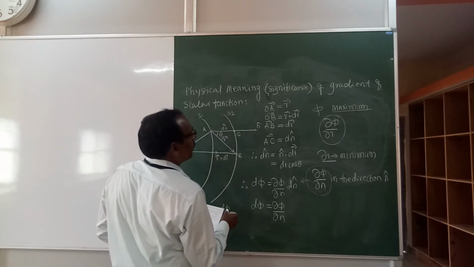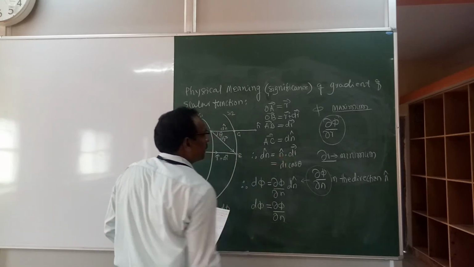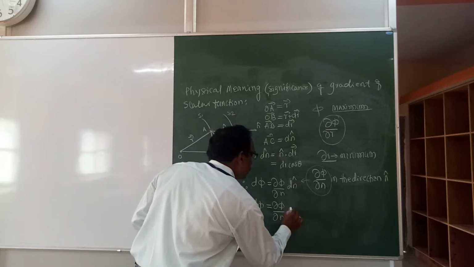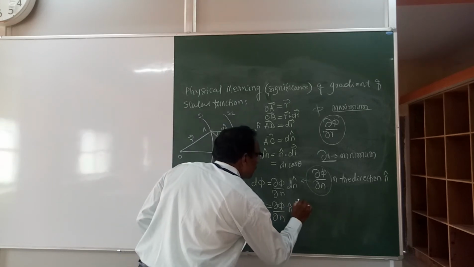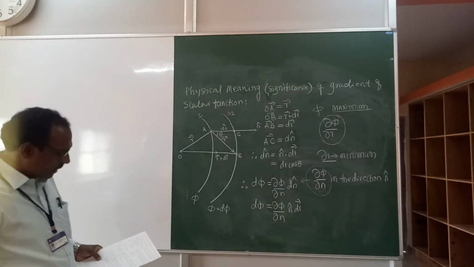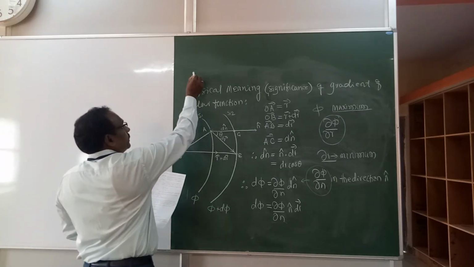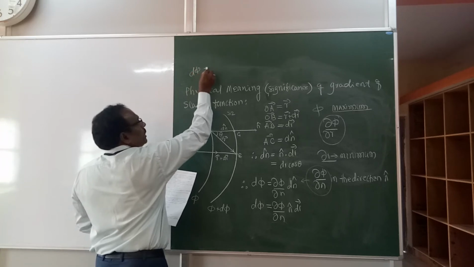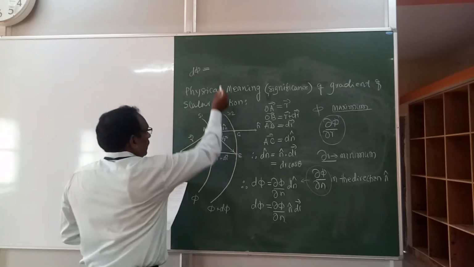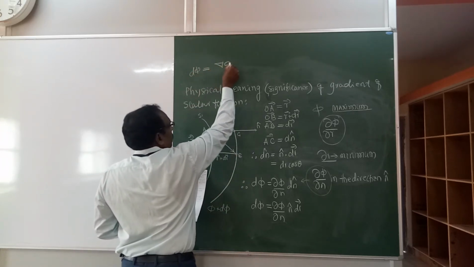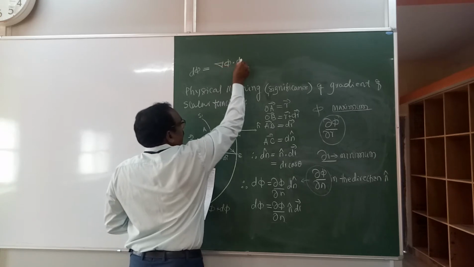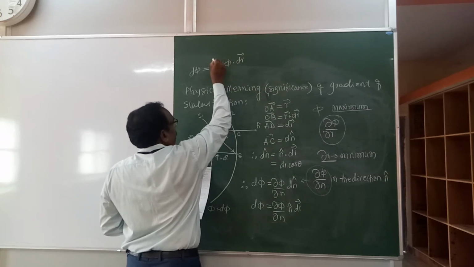We have written dn as n dot dr, unit vector n with vector dr. By definition, I have written d phi is equal to del phi dot dr. We have written this.